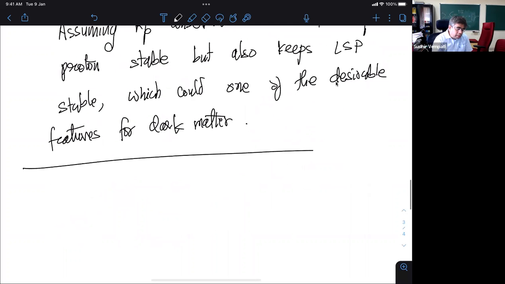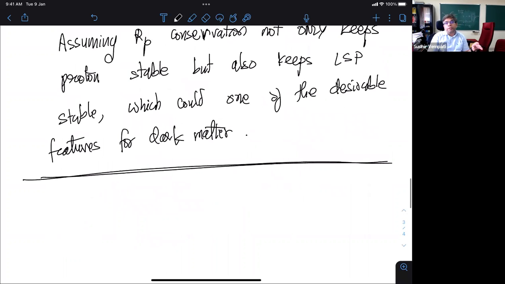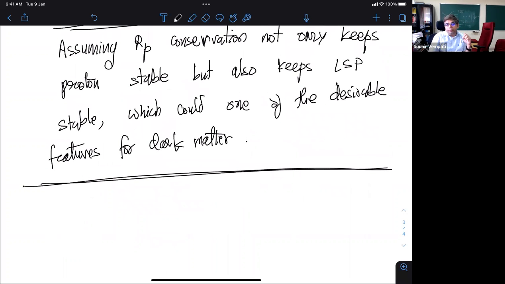So in the present set of lectures, what we will do is essentially consider that R parity is conserved. We will talk about R parity violation at a later stage, maybe after we finish the MSSM, and you can ask me some details about it.